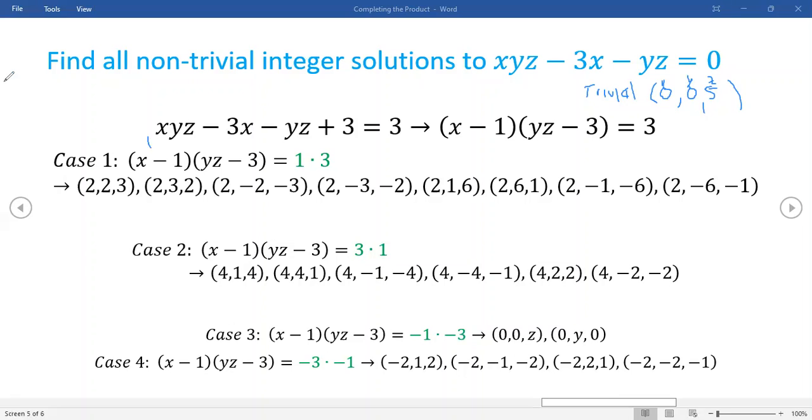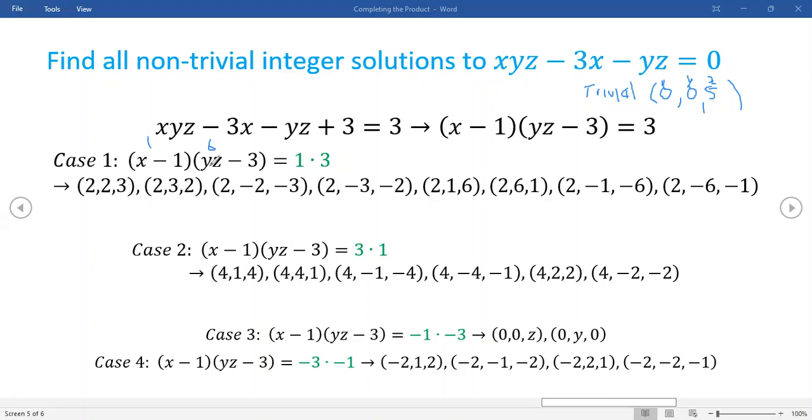Now, the rest of it is, what else has to happen? This part here would have to come out to be, yz would have to be equal to 6. You'll see that, folks?